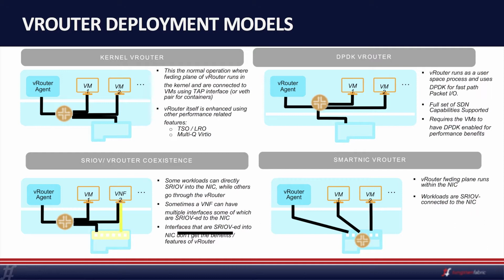But again, not every guest in a deployment is going to be high performant or need that high performance data plane. So for lower speed interfaces like signaling, management, basically anything that's not in the direct path of the subscriber service, we can still leverage the SDN features that we lose when we use SRIOV.